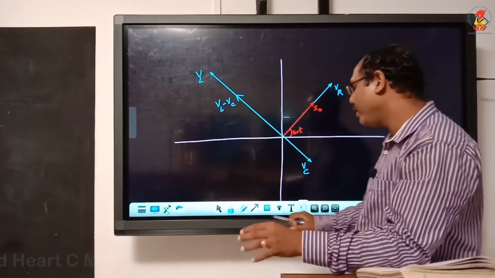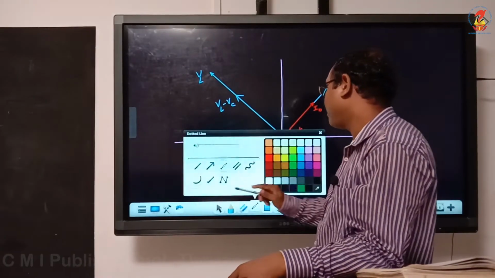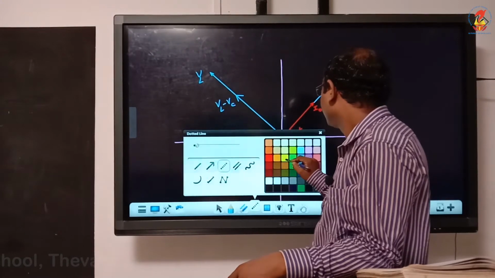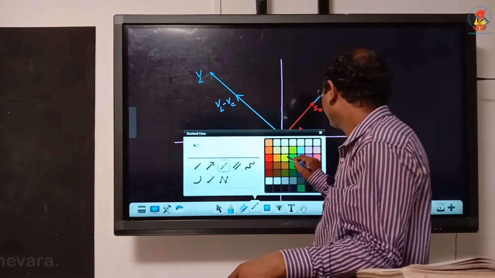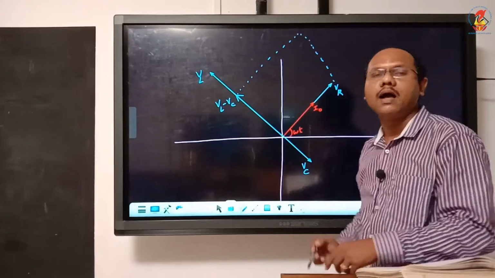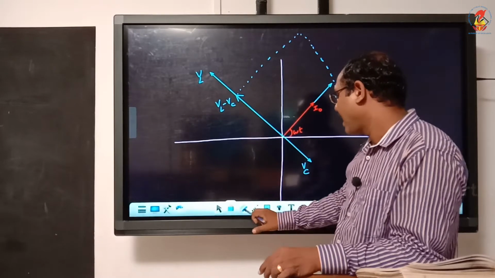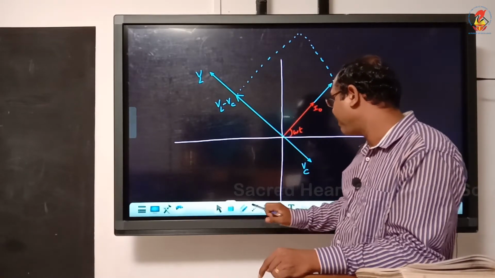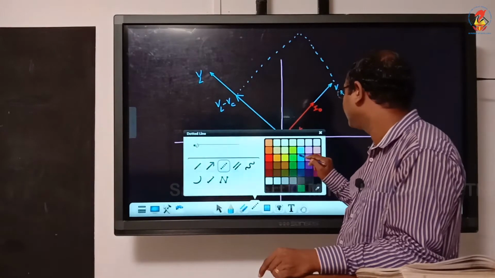So I am going to form the parallelogram connecting both. So let us draw the parallelogram. I have drawn the parallelogram, and using that parallelogram, the diagonal of the parallelogram gives the resultant.